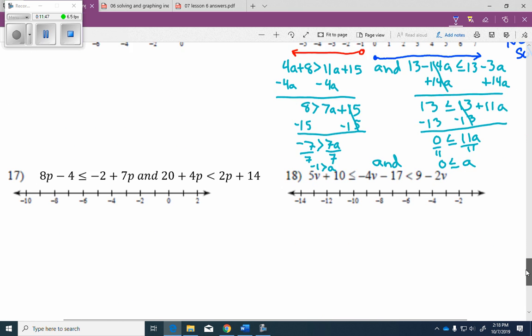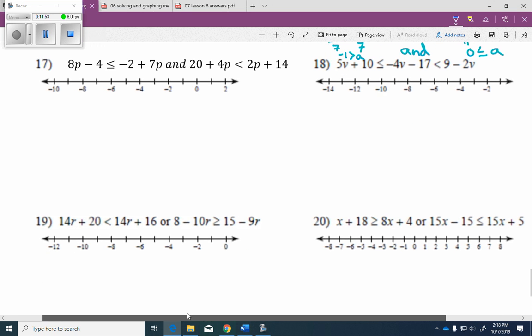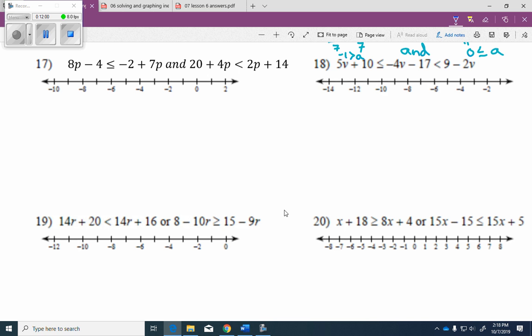Sorry, technical difficulties. All right, so this is another AND statement. So solve each one independently, and then take a look.